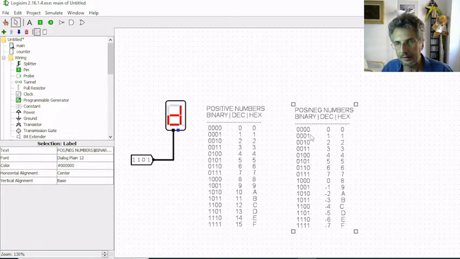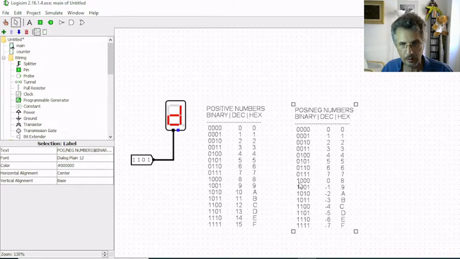In this case, the 16 combinations are divided into 7 positive numbers from 1 to 7, 7 negative numbers from -1 to -7, and 2 zeros. You see, we have 2 different representations for number 0. The first is 0000, which is 0, but also this one beginning with 1 is 0. So this is +0, and this should be -0.